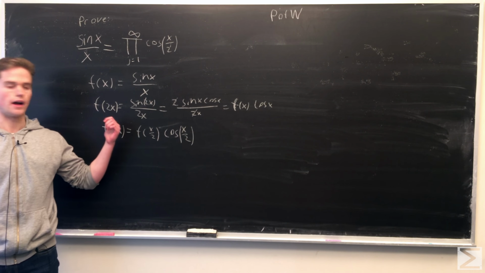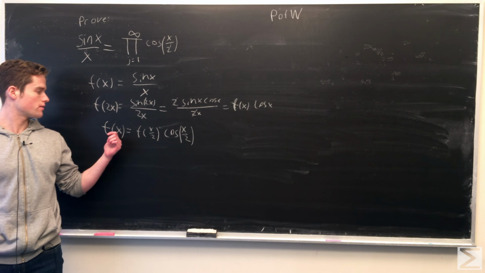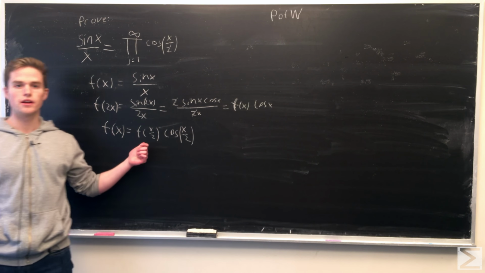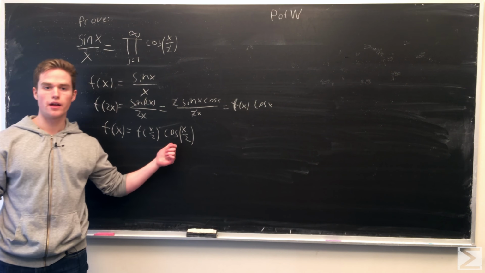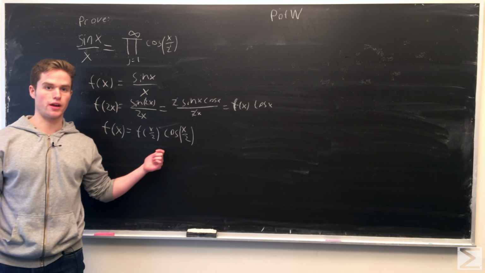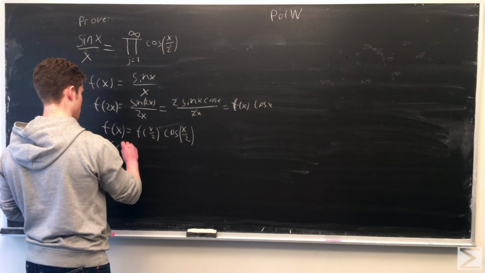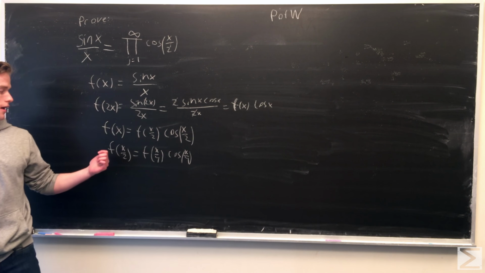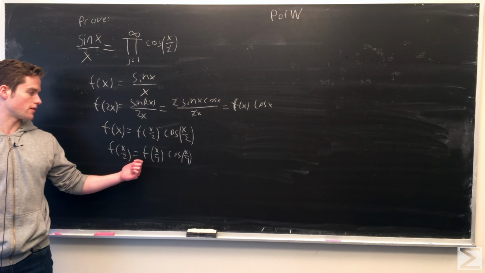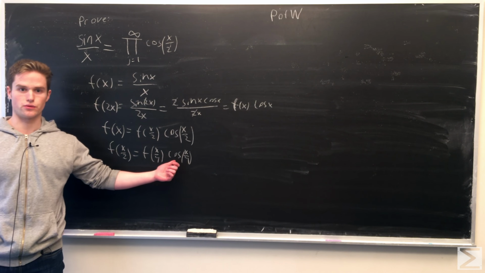So plugging in x over 2, this becomes just x, this becomes f of x over 2, and this becomes cosine of x over 2. Now here we can plug in x over 2 again and get f of x over 2 equals f of x over 4 times cosine x over 4.